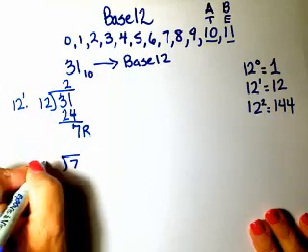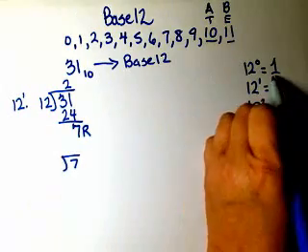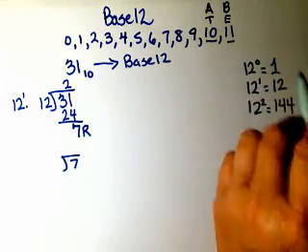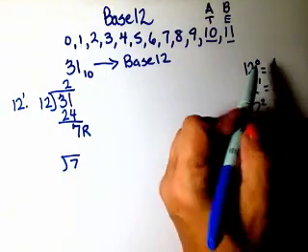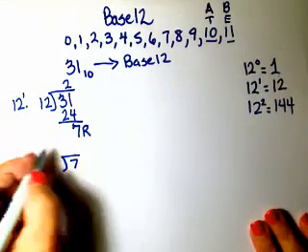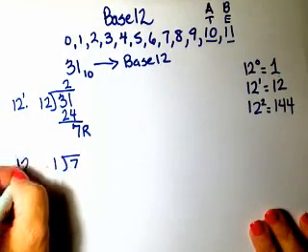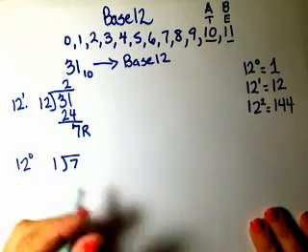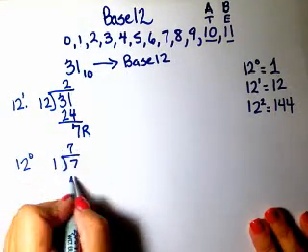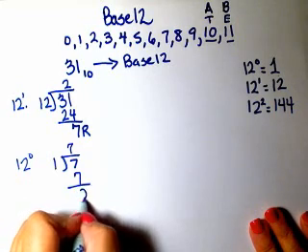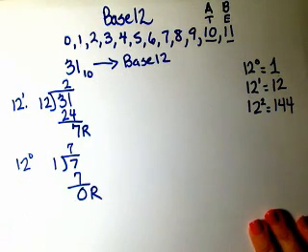Then we're going to divide 7 by a power of 12, and it would be 1, which is 12 to the 0 power. So 1 into 7 is 7, 7 times 1 is 7, remainder 0.